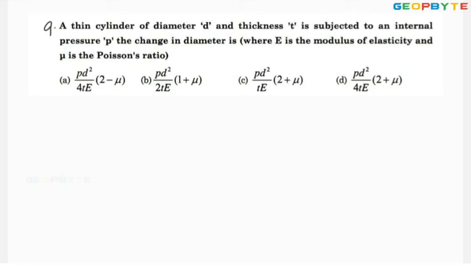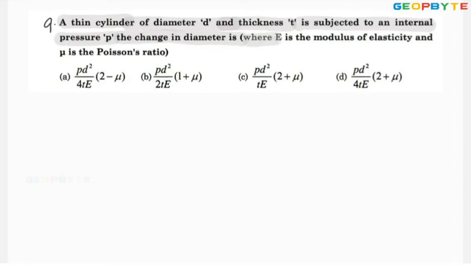Look at the problem. A thin cylinder of diameter d and thickness t is subjected to internal pressure P. The change in diameter is asked, where E is the Young's modulus and mu is the Poisson's ratio. You are asked to find the change in diameter.